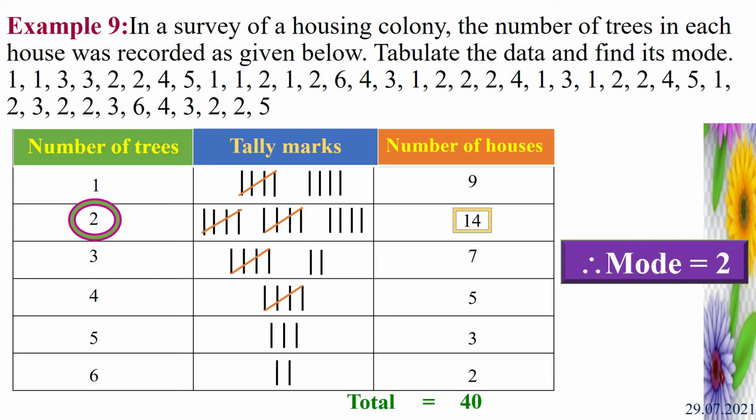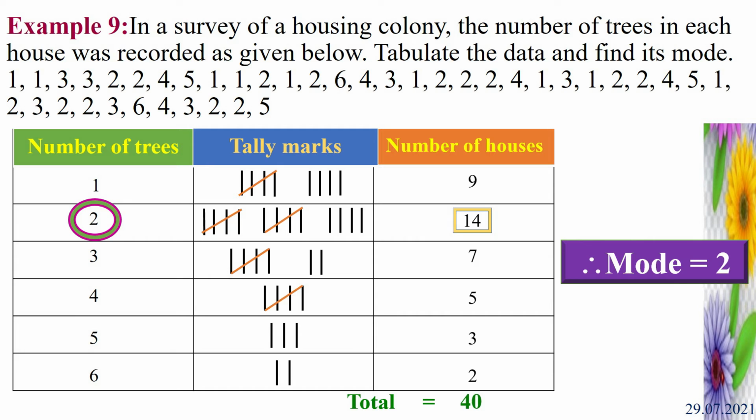The number is 2. Now the number of houses should match the total number of data, which we already counted as 40. So 9 plus 14 plus 7 plus 5 plus 3 plus 2. Total is 40, which matches.